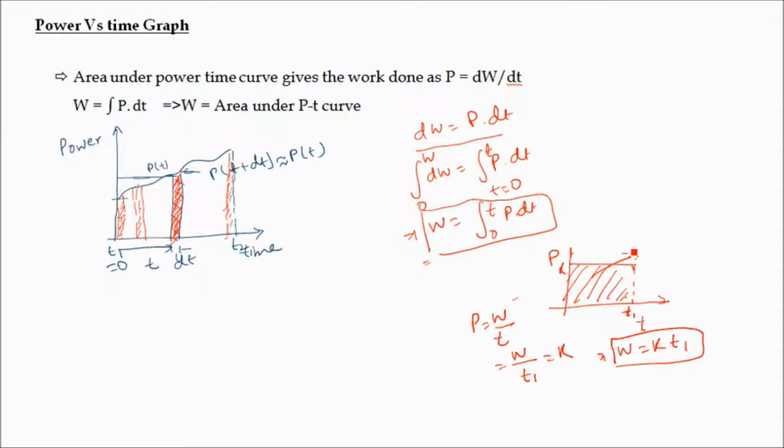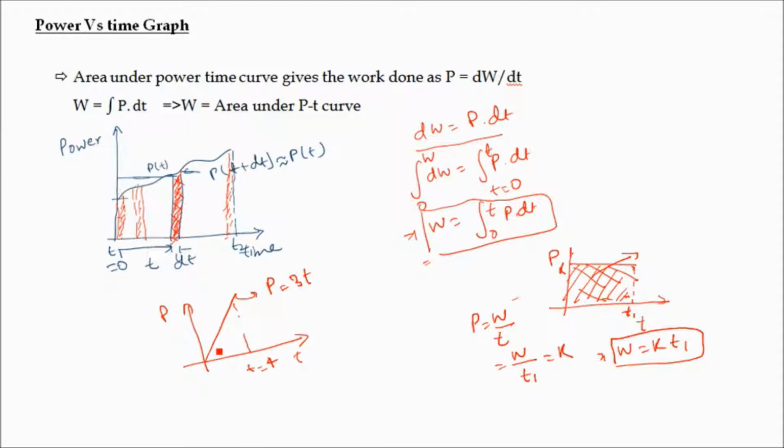What it means is that from the P-t graph, if you calculate the area, you will get the work done by the body. Similarly, suppose the P-t curve is of the form P equal to 3t, and you have to calculate the work done by the object in time t equal to 4 seconds.